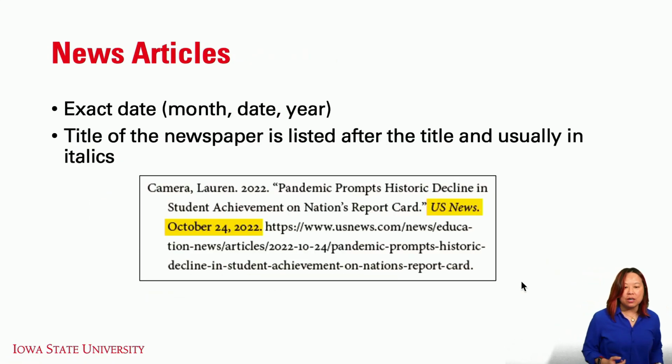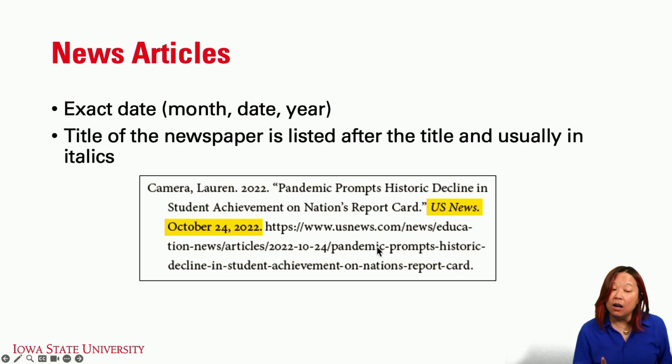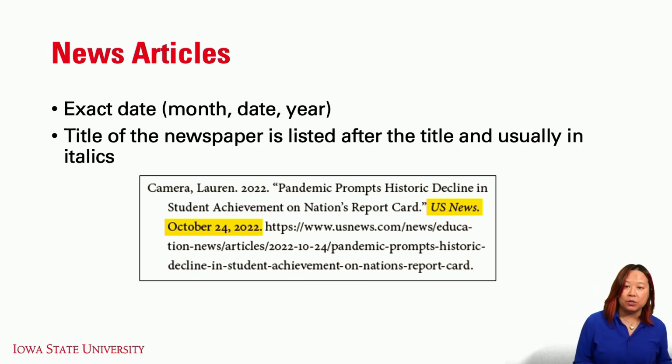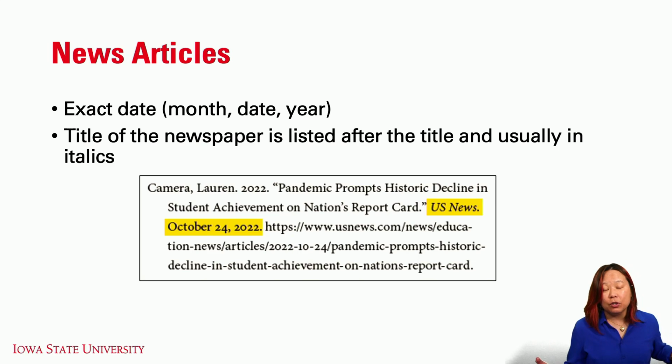Next, news articles. Usually, not always, you have the month, date, and year. The other thing that's a dead ringer is usually there's the word news in it sometimes, not always. And also you'll find familiar titles, like for instance, New York Times or Washington Post, or even the name of your local paper.